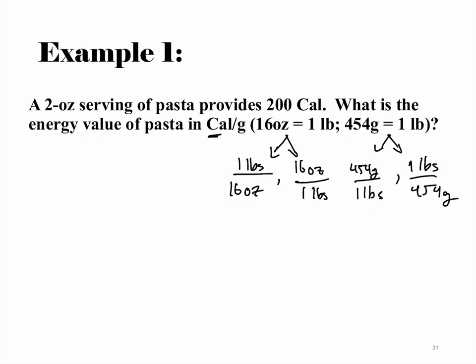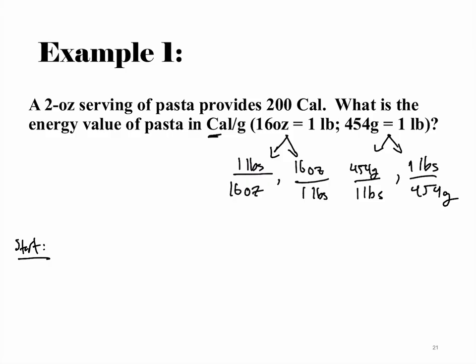We know which one to use based on the units we're going from and the ones we're converting between. It's kind of difficult because here we're starting from a ratio and we're going to end with a ratio. There are different ways you can do this, and I'm going to show you one way. If you find another way that works and gives you the same answer, that's fine. We're going to start from a value of calories over ounces. The problem gives us that for every 2 ounces, we have 200 calories, and we want to convert that into calories per gram.